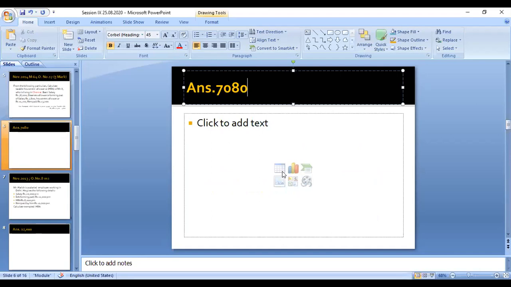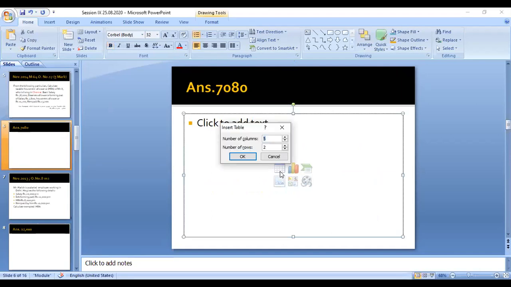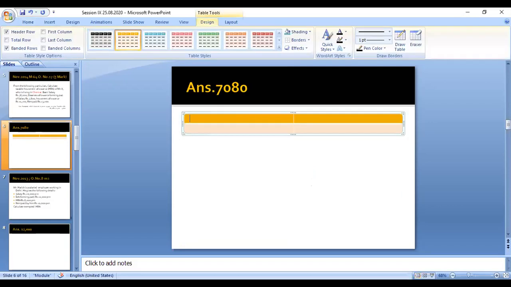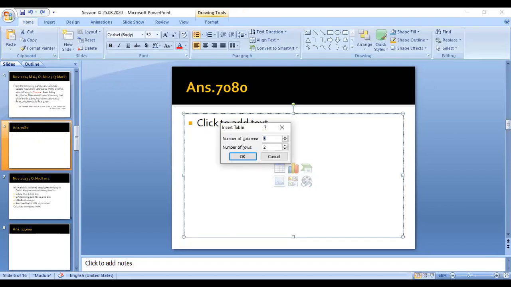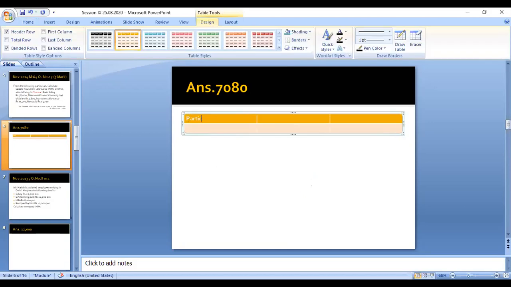Okay, the same case. You have to open three columns: one particulars column, and two amount columns, an inner column and an outer column.